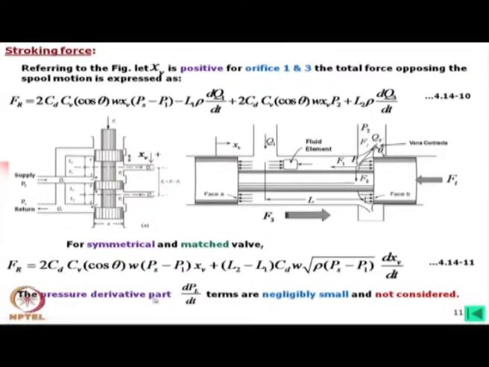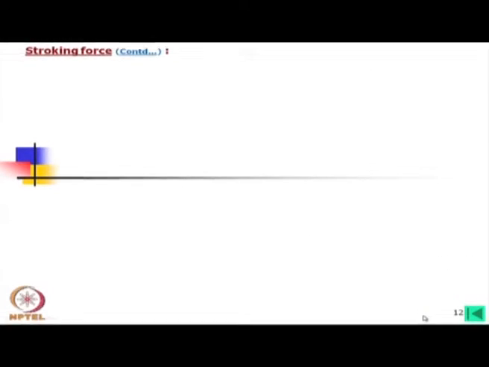Here the pressure derivative part, dP_L/dt, is negligibly small and not considered, because this part will also come when using these derivations, but we have already neglected it. With time, this change in pressure is negligibly small; although there will be some, in comparison to the force we have calculated it is very small, so we need not consider it.